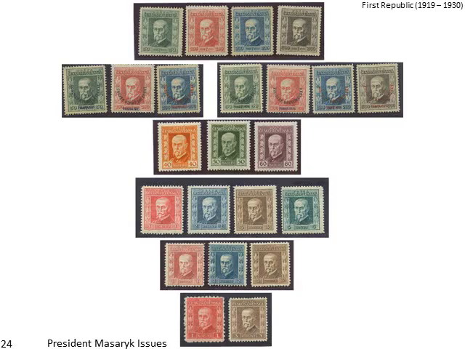Then the second row shows 3 of these values overprinted for the Olympic Congress held in Prague in 1925, and then all 4 of the values overprinted for the 8th Sokol Slet or Rally held in Prague in 1926. The last 4 rows show various other Masaryk issues from this time period. They provide tremendous philatelic fun dealing with design changes, perforation varieties, and watermarks.